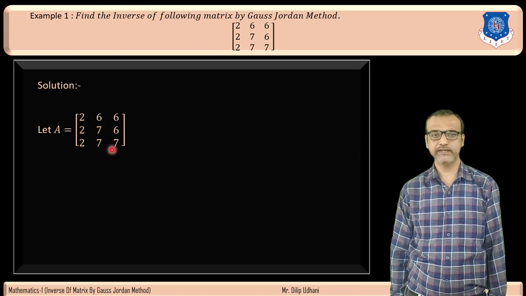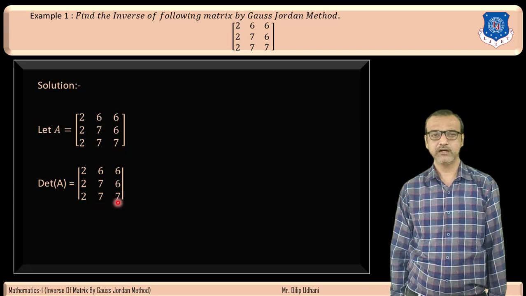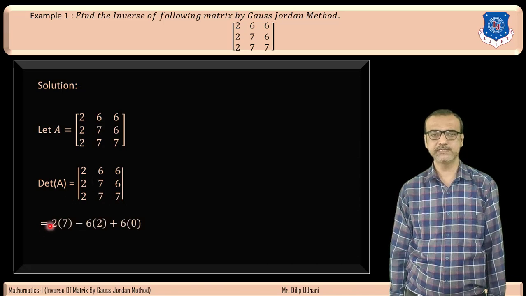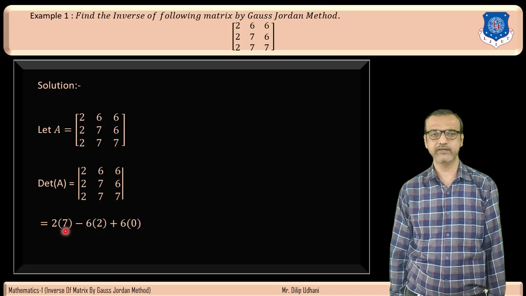So determinant of A equals determinant of the given matrix. Now we will find its determinant. 2 will be as it is, and the minor of 2 is 7, 6, 7, 7. The value of this minor is 7 times 7, 49, minus 7 times 6, 42, and 49 minus 42 is 7.